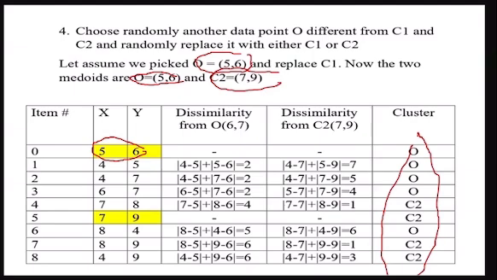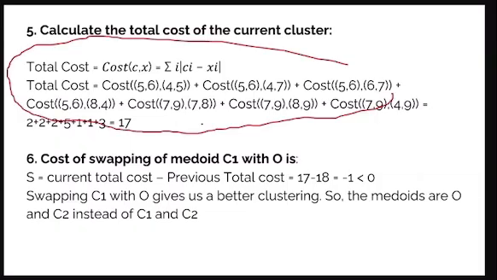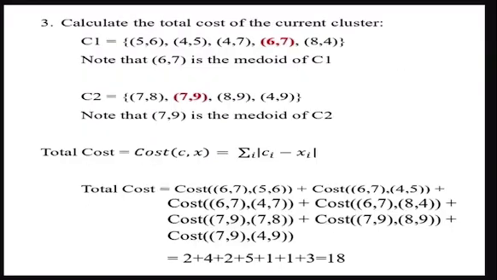If I want to justify whether my new medoid is going to perform better than the old medoid, then I find the total cost of classification again. This time around, the total cost of classification gives us 17. But initially, it was 18. That was a gain. Does that make sense?